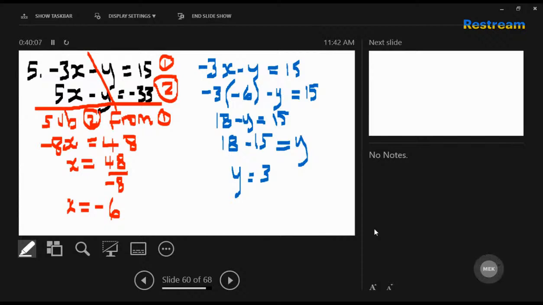In number 5's case, where the coefficients are already the same, since that was given to us as is, we would go ahead and eliminate the y because that's easier to do, and then we'd solve for x first.